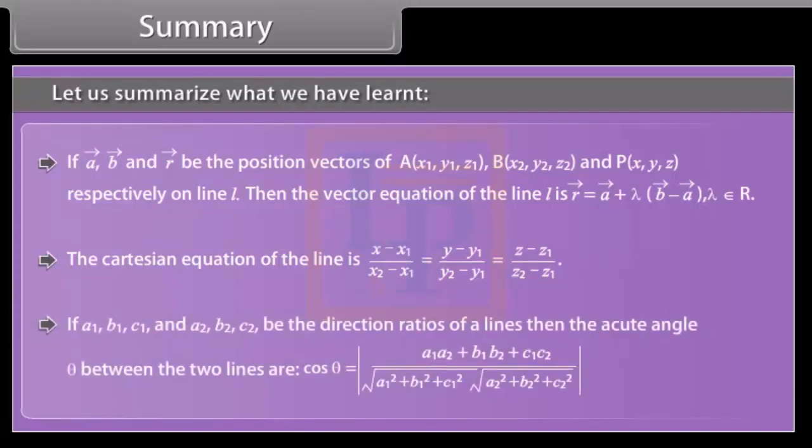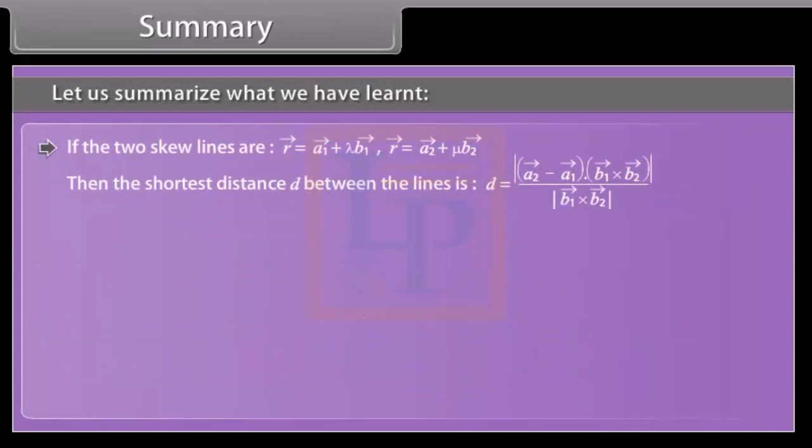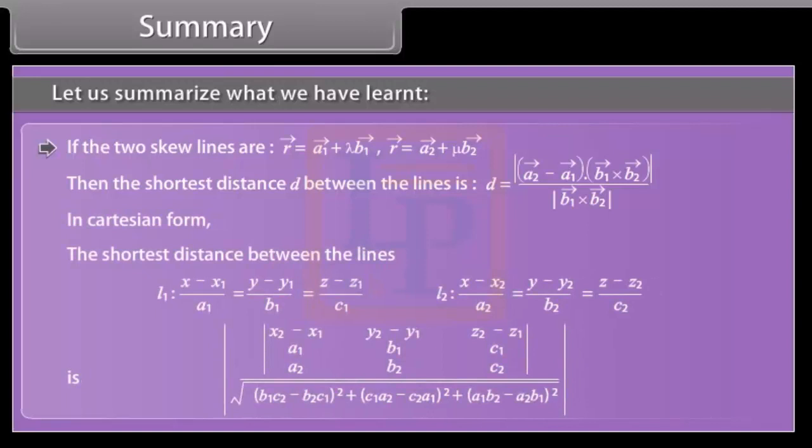If a1, b1, c1 and a2, b2, c2 are the direction ratios of two lines, then the acute angle theta between the two lines is given by the following. If the two lines are skew lines, then the shortest distance d between the lines is given, in Cartesian form, by the following.